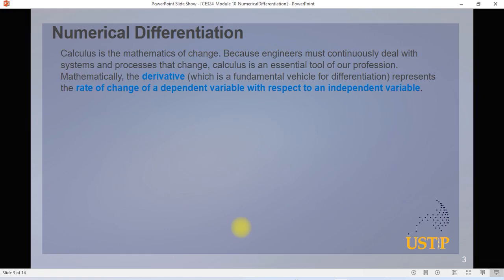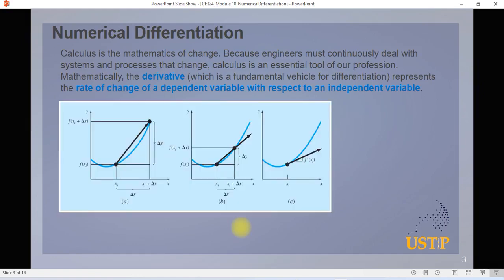Mathematically, the derivative, which is the fundamental vehicle for differentiation, represents the rate of change of a dependent variable with respect to an independent variable. That's just what I've said: the derivative is just the rate of change.